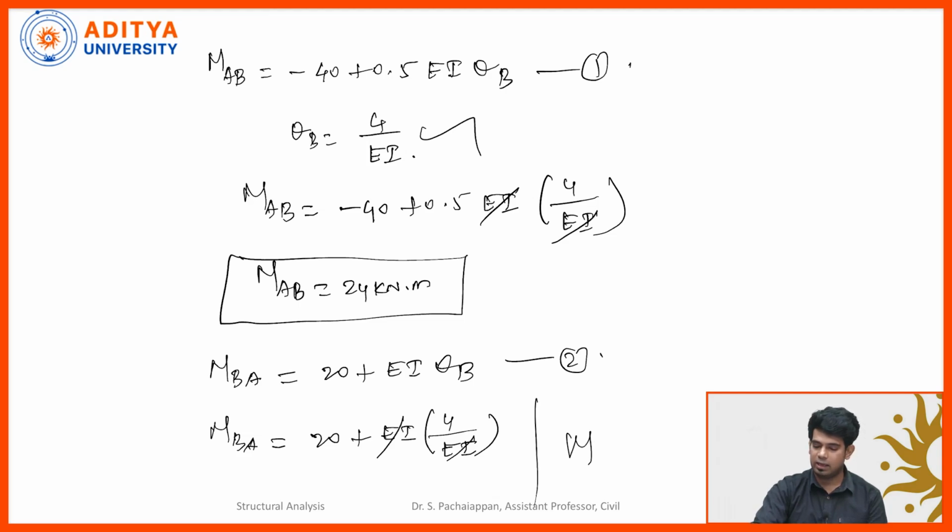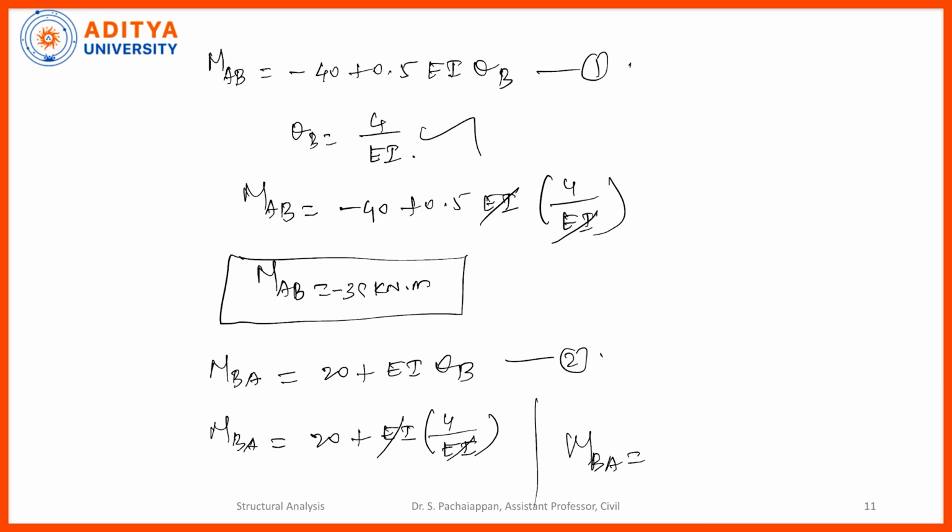So I'll be getting MBA equal to, okay, sorry, this is not a 24. So this MAB value is minus of 38 kilonewton meter, and then MBA value is 24 kilonewton meter. Okay. So MAB minus 38 kilonewton meter, MBA is 24 kilonewton meter.